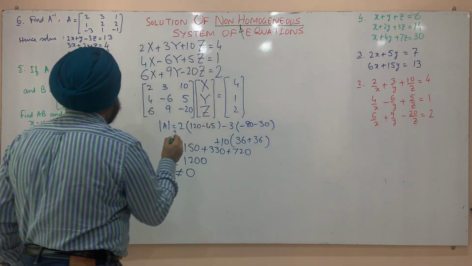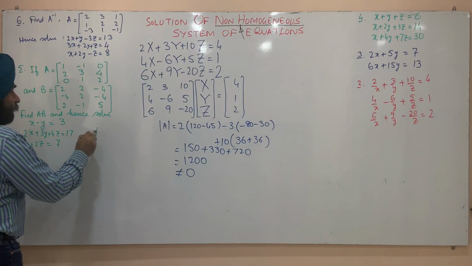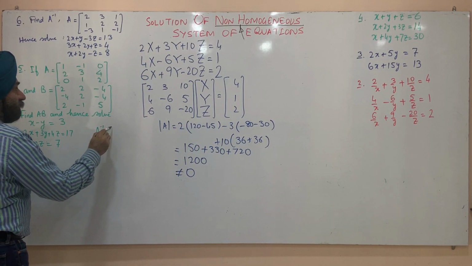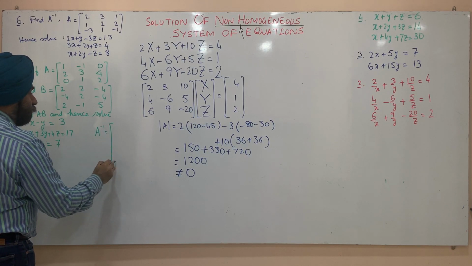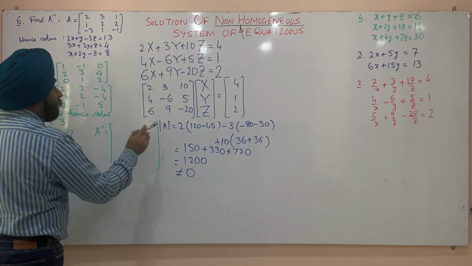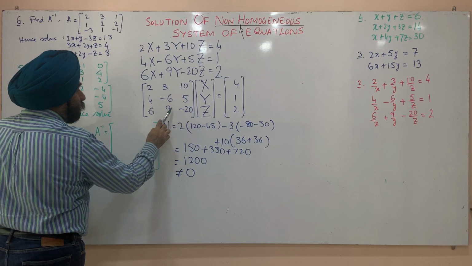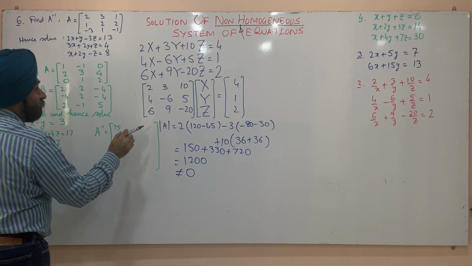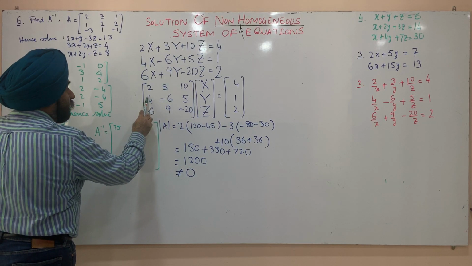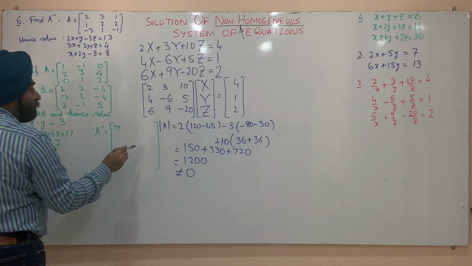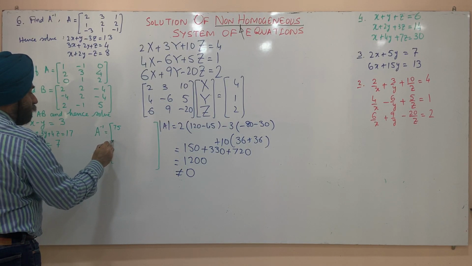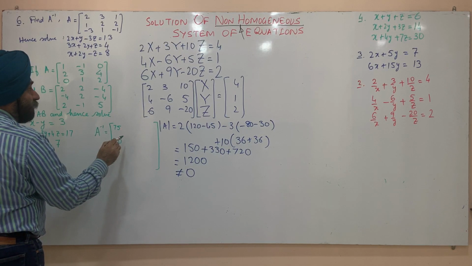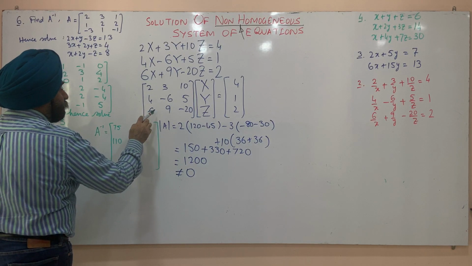Now let's find out A inverse. So this is A inverse. This will be this matrix. This is 120 minus 45. This is 75. For this element, it's minus 80 minus 30, minus 110. So I am writing here plus 110. 36 plus 36.